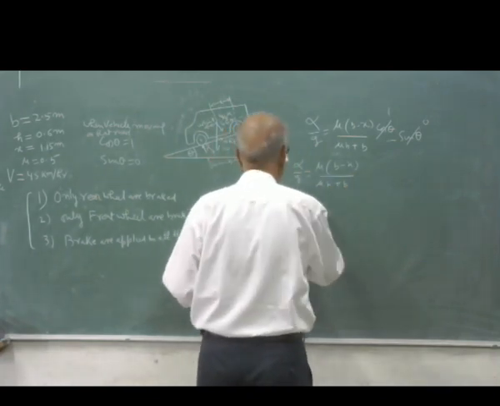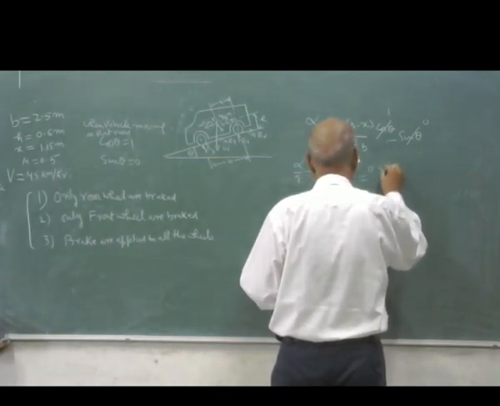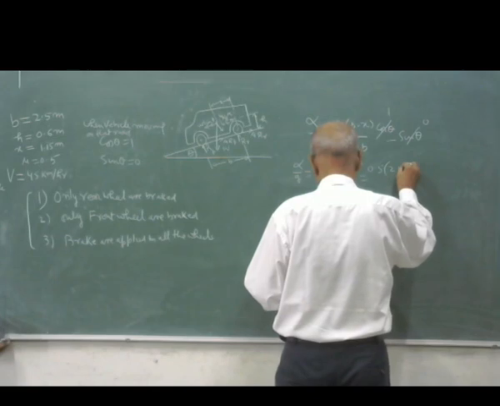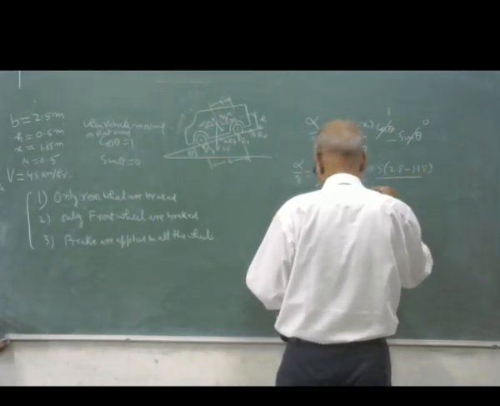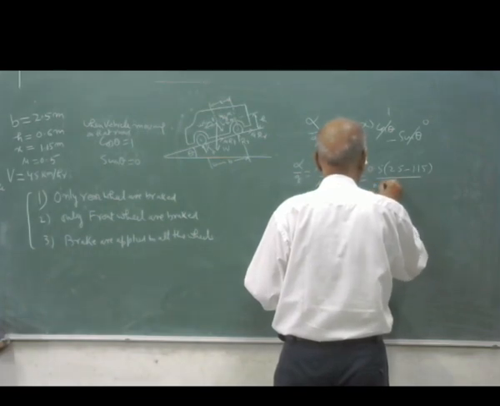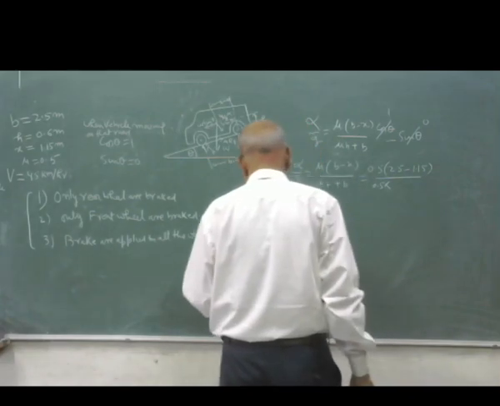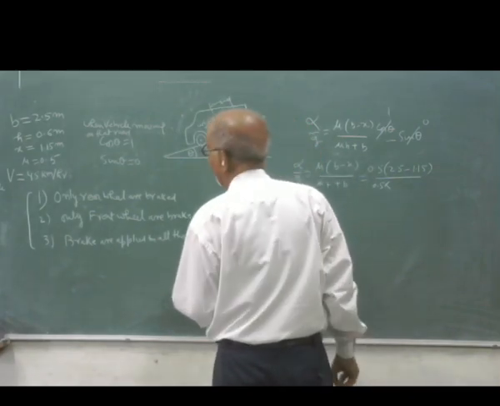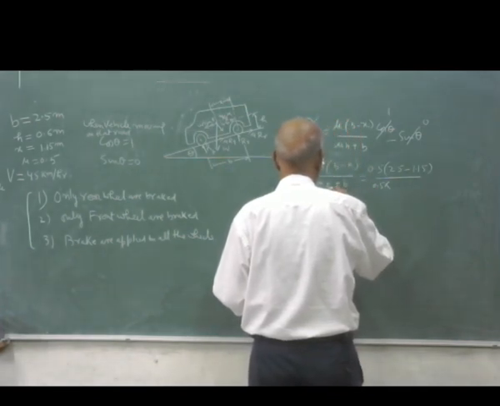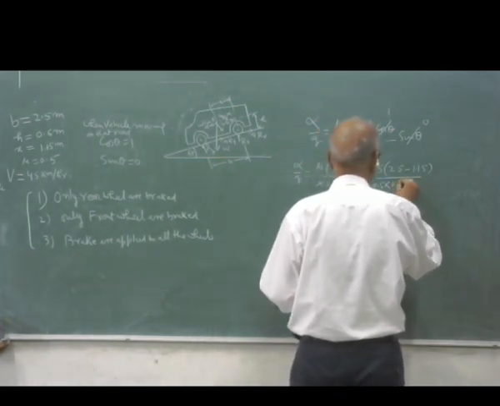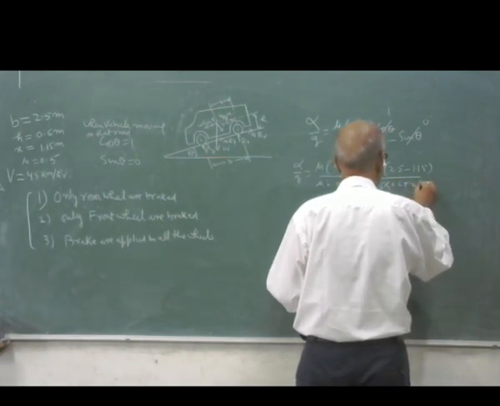That is 0.5 into (2.5 minus 1.15) divided by (0.5 into h, h is given 0.6, plus b, and b is your 2.5).